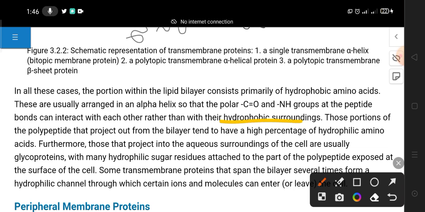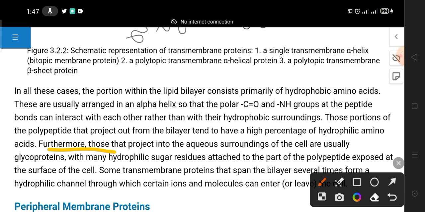The portions of the polypeptide that project out from the lipid bilayer tend to have a high percentage of hydrophilic amino acids. Furthermore, those that project into the aqueous surroundings of the cell are usually glycoproteins with many hydrophilic sugar residues attached to the part of the polypeptide exposed at the surface of the cell.